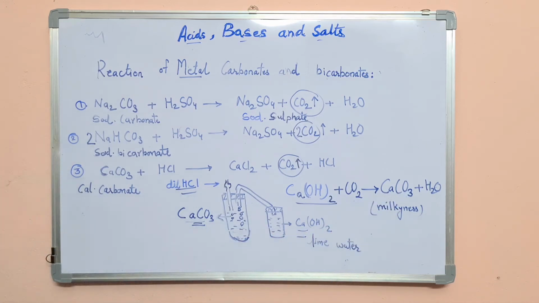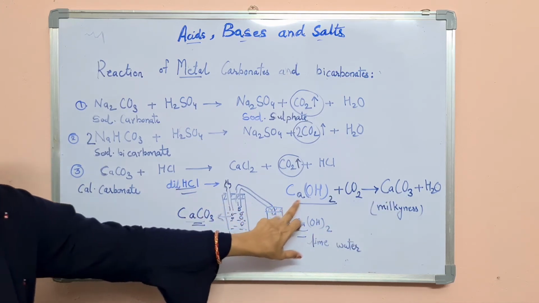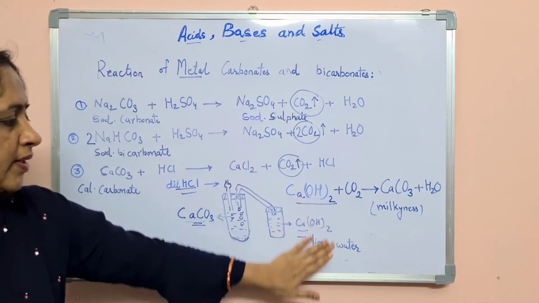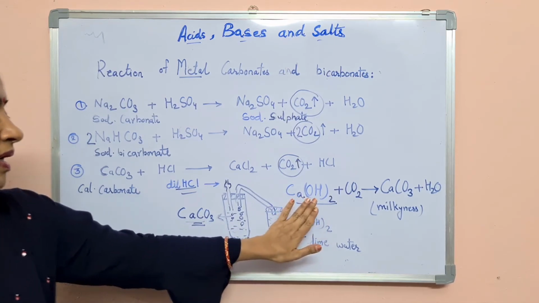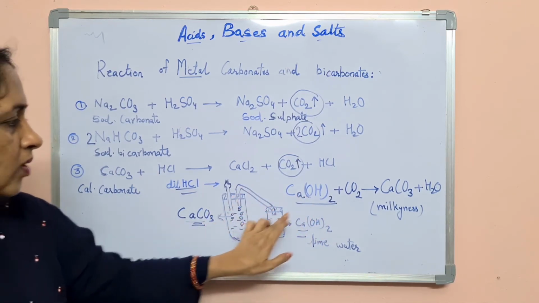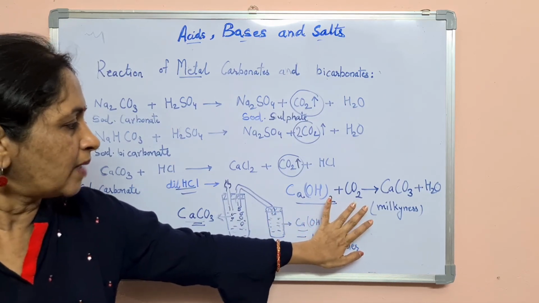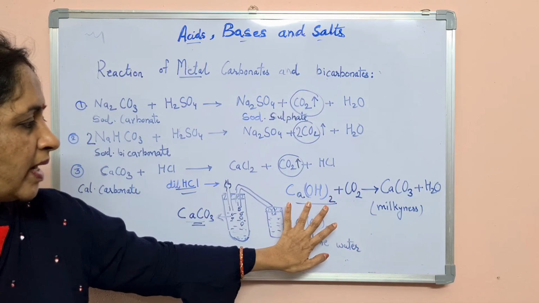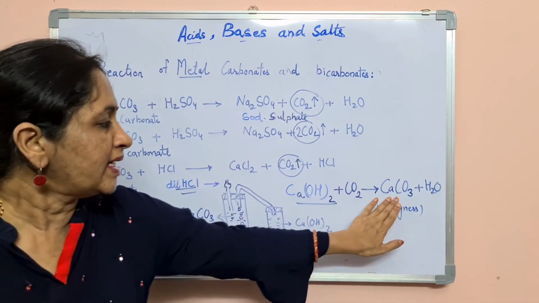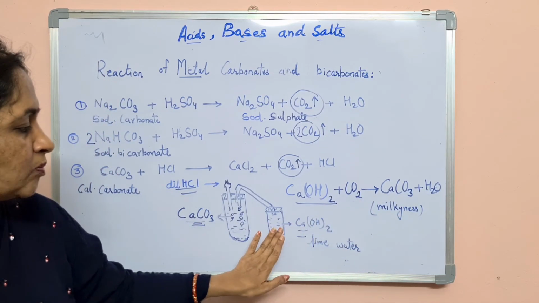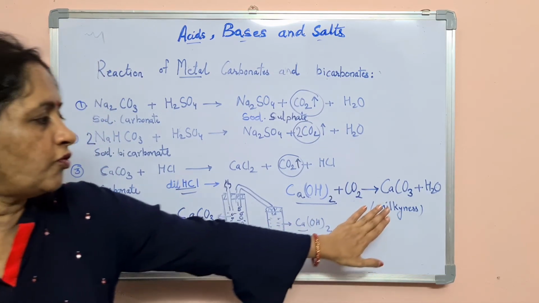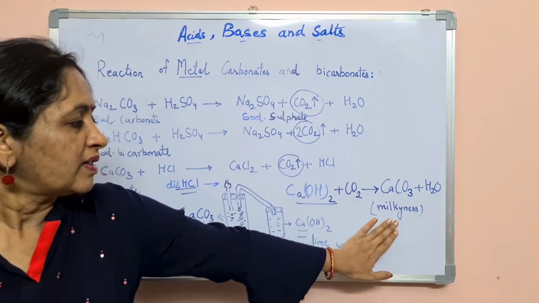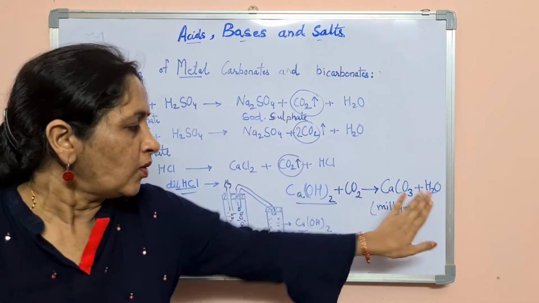So what type of reaction takes place in this? Calcium hydroxide is lime water. Through the lime water, carbon dioxide gas is passed. This carbon dioxide gas reacts with calcium hydroxide. It forms milkiness in the test tube, and this milkiness is due to the formation of calcium carbonate, CaCO3, and water.